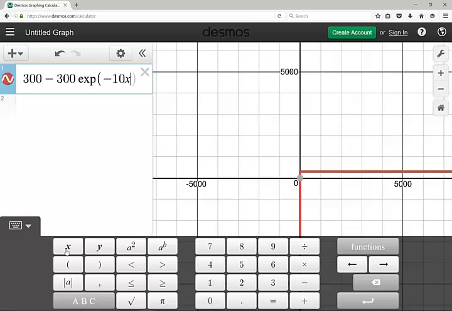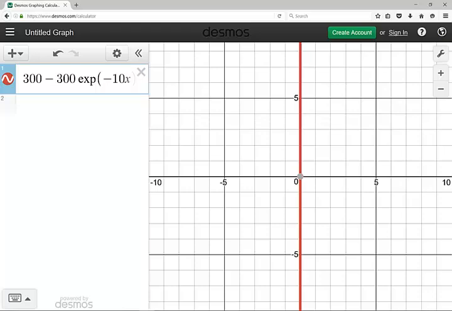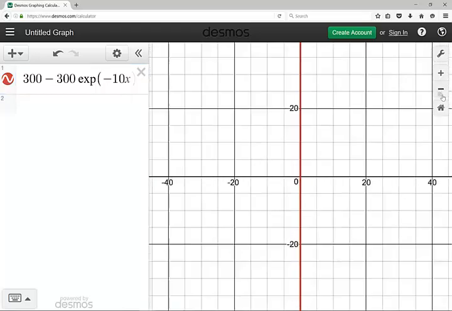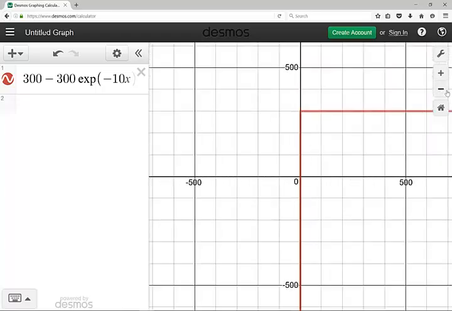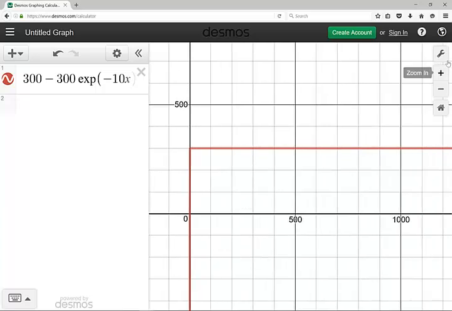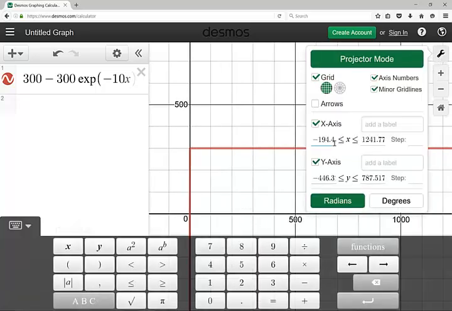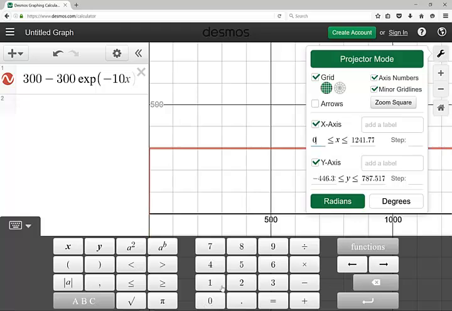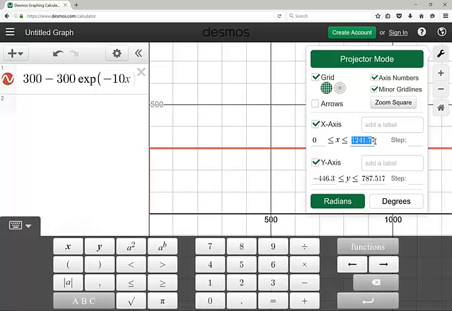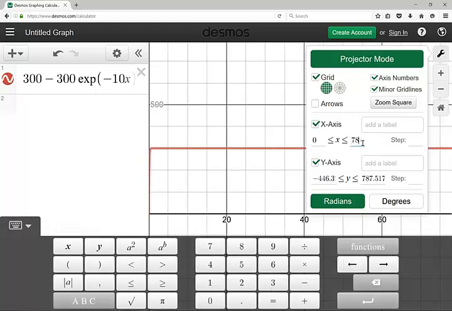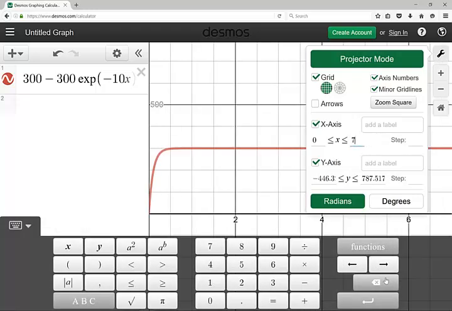Boom. Boom goes the dynamite. Yes, wow. Maybe we should back out just a skosh. Oh, that was pretty cool. Let's change our x value from 0 to 7.